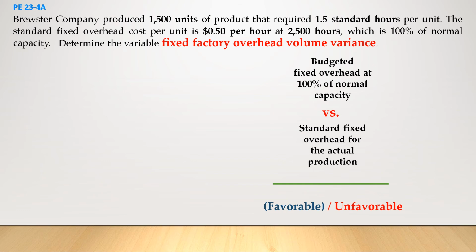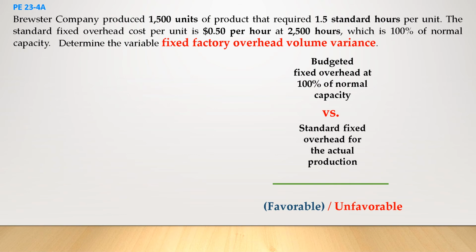This type of variance is used in order to determine the usage of PPE. If the result is favorable, then the firm used its plant and equipment more than would be expected under normal operating conditions. If the result is unfavorable, the company used its plant and equipment less than would be expected under normal operating conditions.